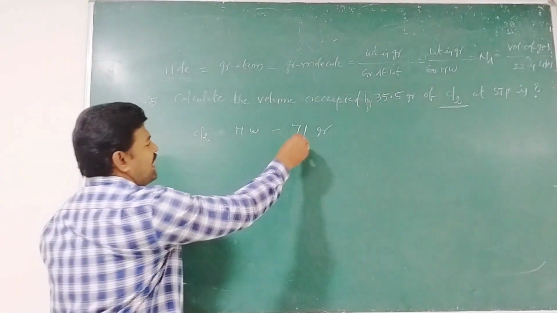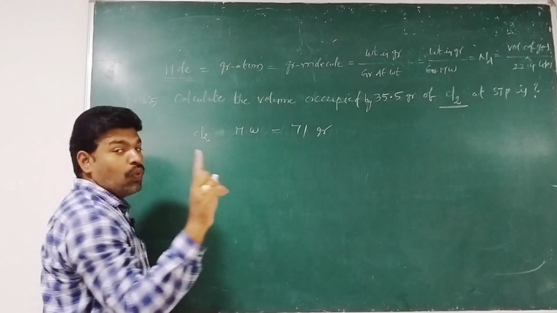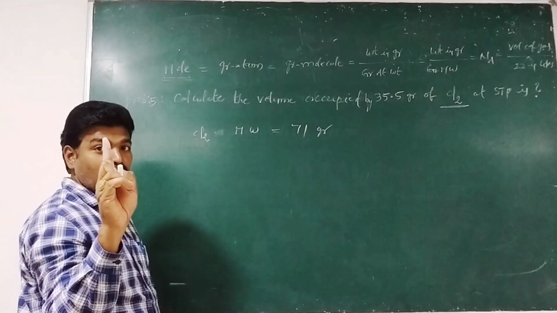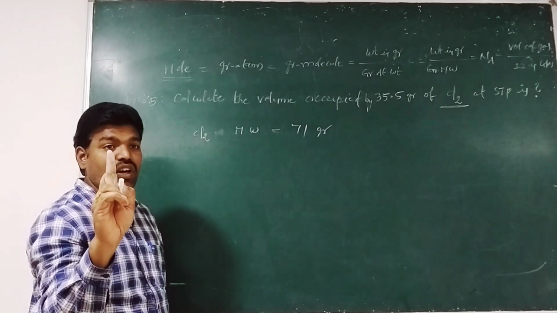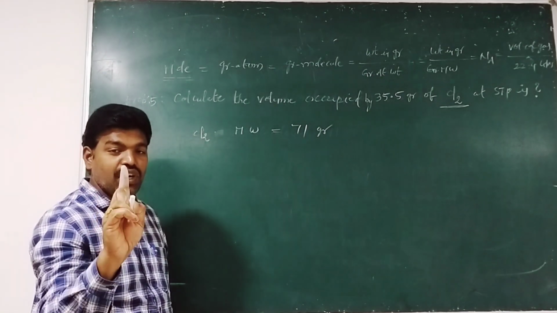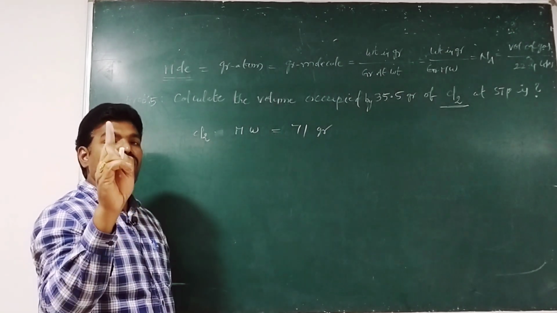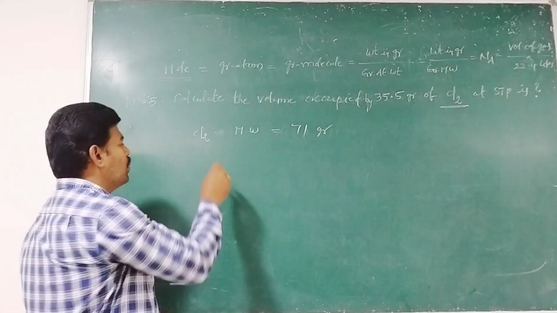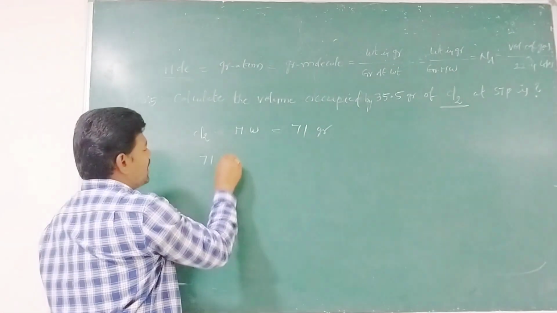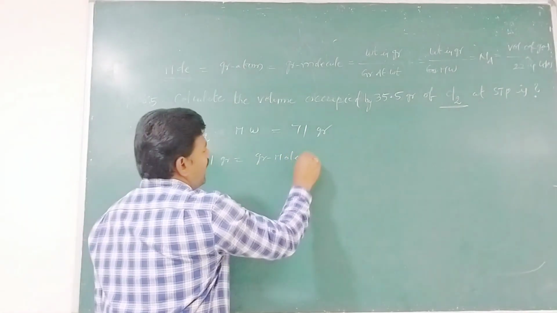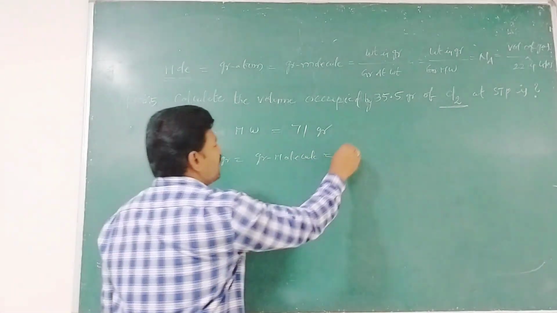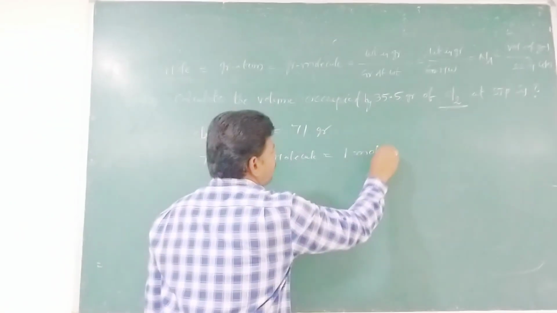So 71 grams is equal to 1 gram molecule. Already I told you, gram molecular weight of any molecule is equal to 1 mole or 1 gram molecule. So 71 grams is equal to 1 gram molecule, and 1 gram molecule is equal to 1 mole.